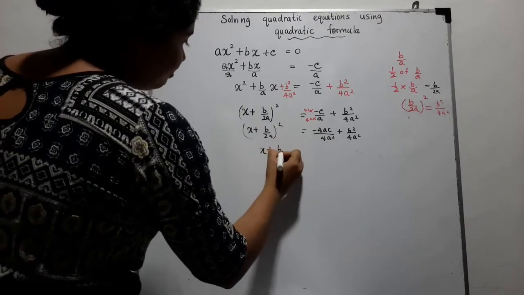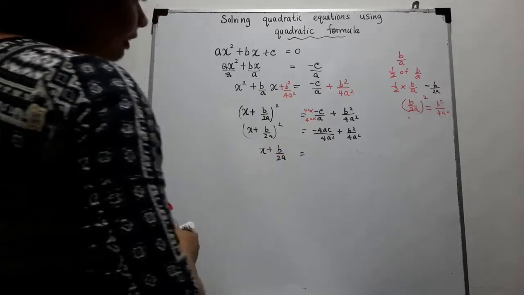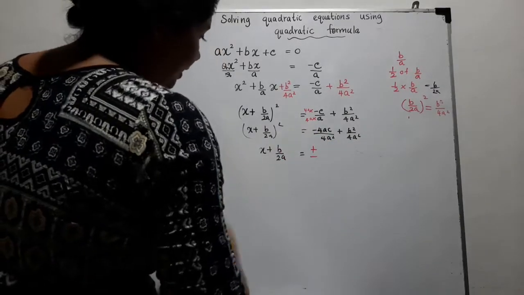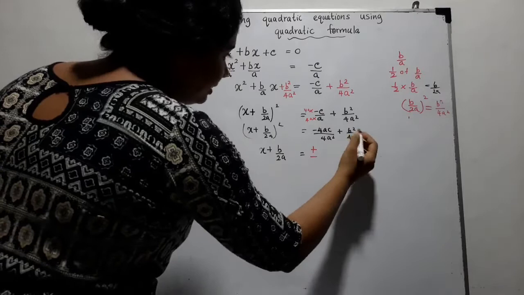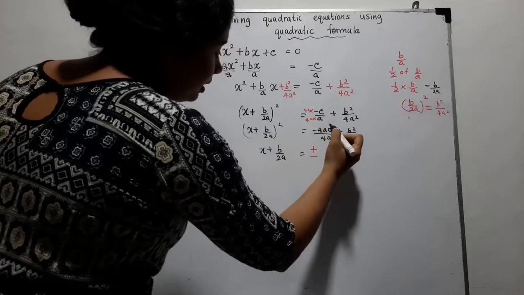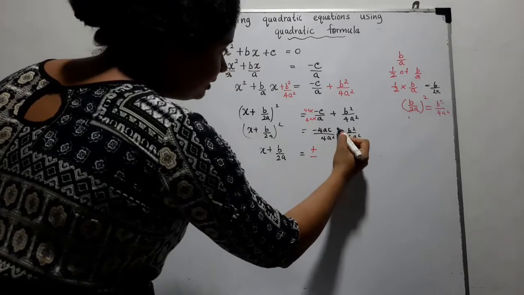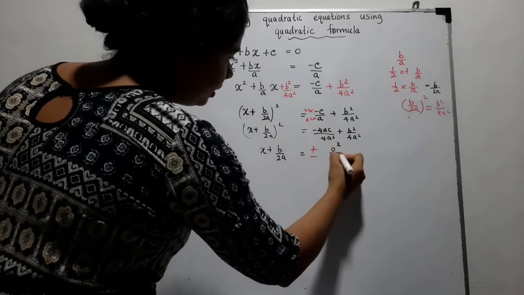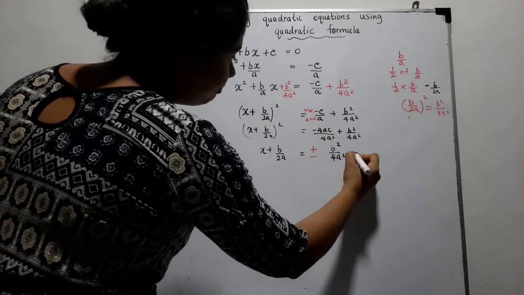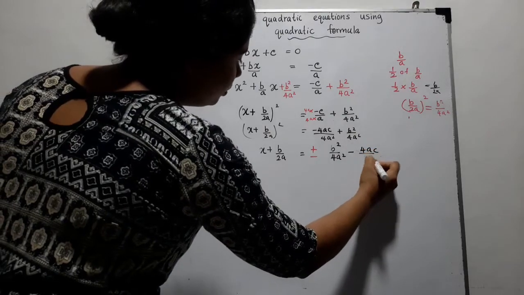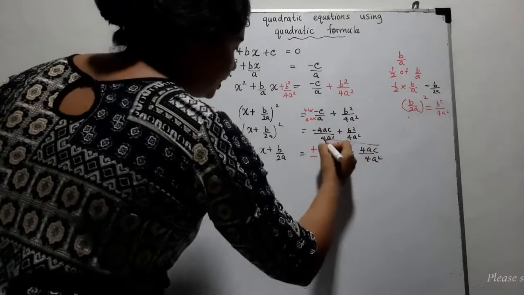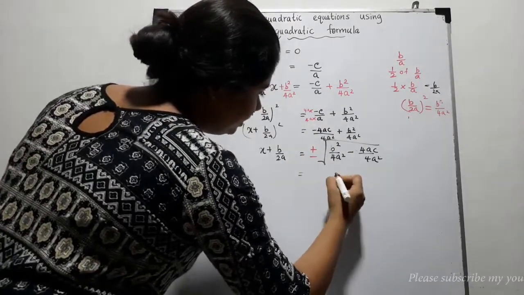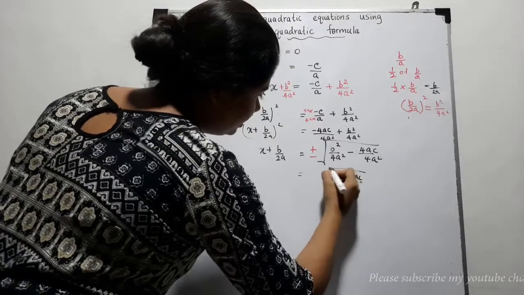Then x plus b over 2a equals, here we have to allow both negative and positive values, plus or minus. I change the position of the terms because there is a negative sign, so it becomes b squared minus 4ac over 4a squared, under the square root. Now they have a common denominator.